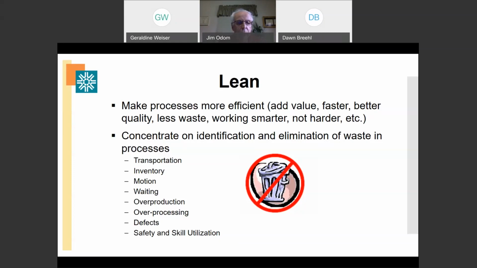The first one is transportation. Transportation is movement of material. It's the movement of raw materials, finished goods, and work in process from one location to another within your facility, or as you send it on to your customer. So that's transportation.